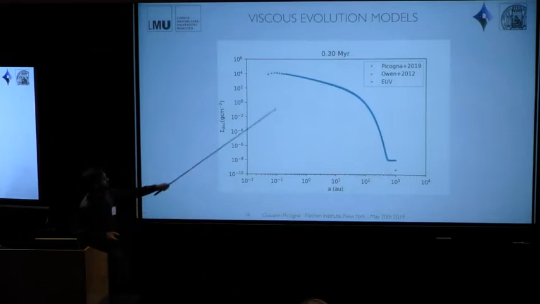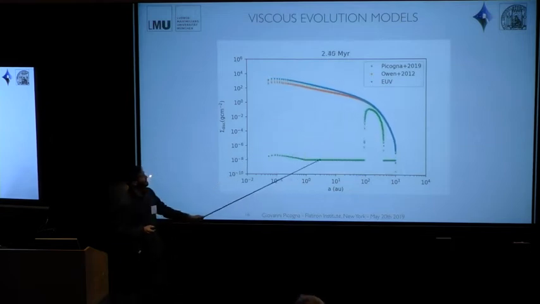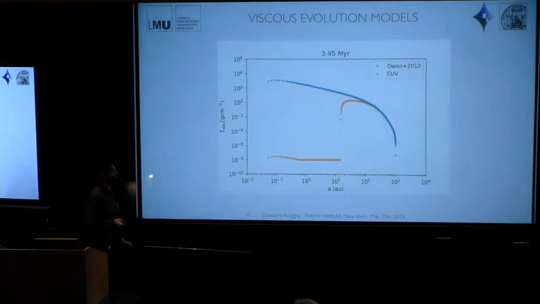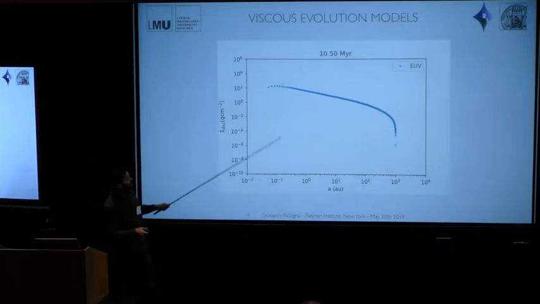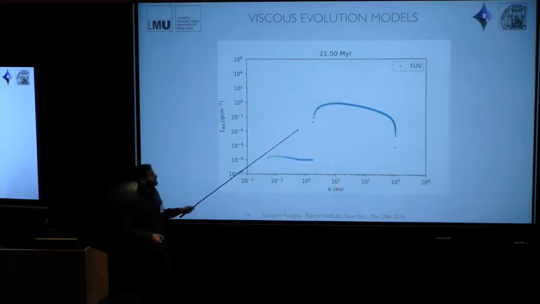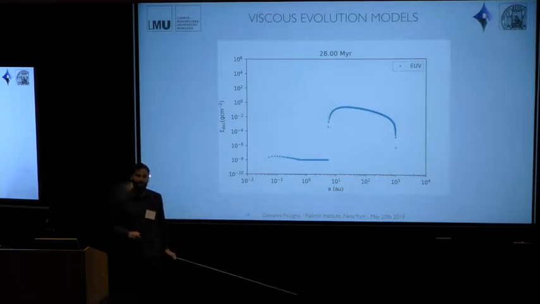We see the evolution as a function of age, and in this specific case the disk is dispersed on a time scale of between 2 and 3 megayears. Then this is the old James Owen model, and the UV is able in this case to remove the disk on a much shorter timescale, because this is a factor of 2 orders of magnitude lower in the mass loss rate due to the wind.